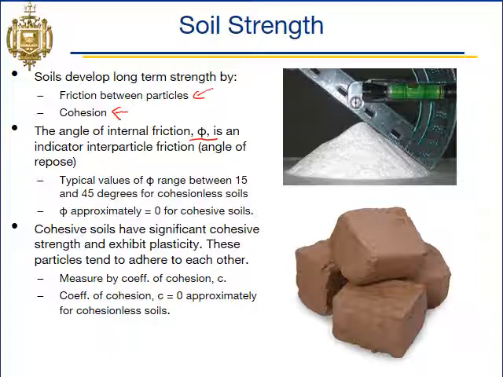Practically speaking, if we look at this pile of sand over here, this angle here, phi, which is the internal friction angle or the angle of repose, changes with the strength of the soil. Really strong soils will have a great angle. This is a pretty strong soil because this is a pretty large angle.